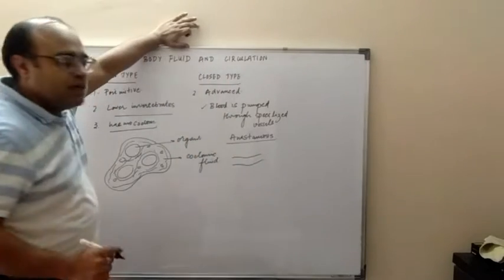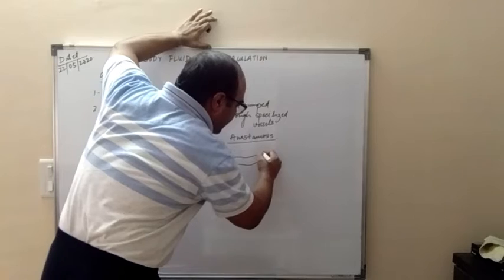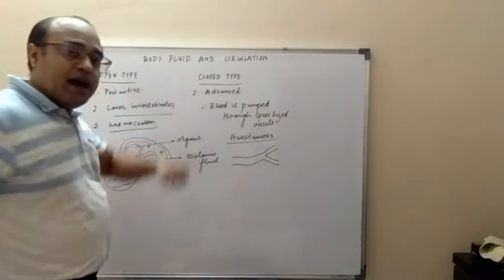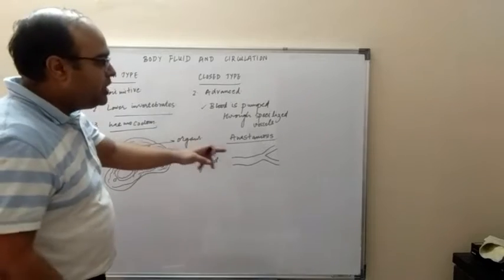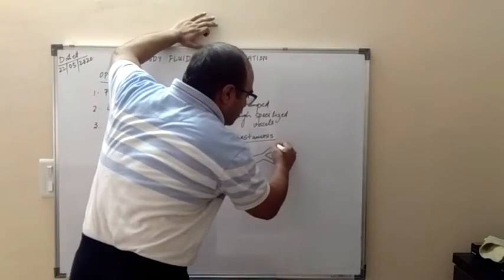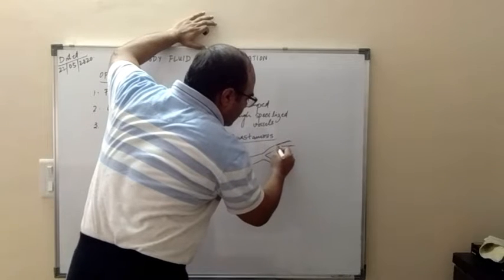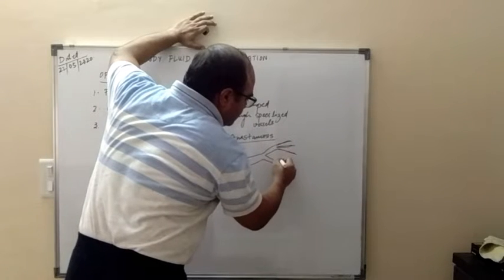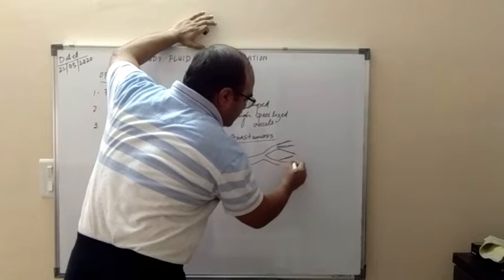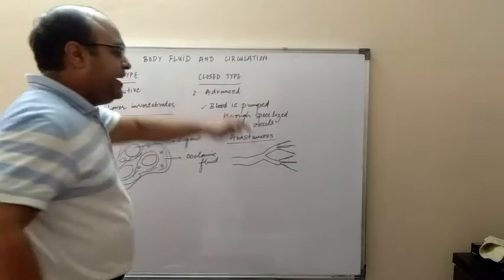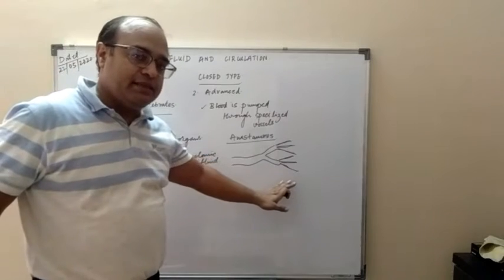Okay, when this artery divides, it becomes arterioles. Okay, now such arterioles further redivide into capillaries.